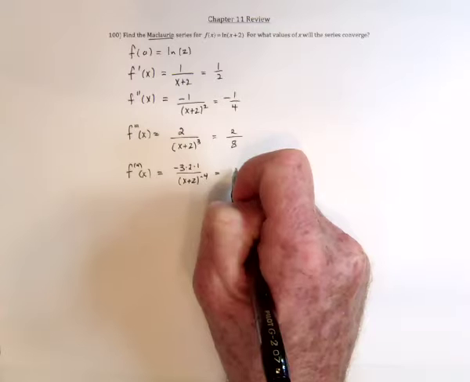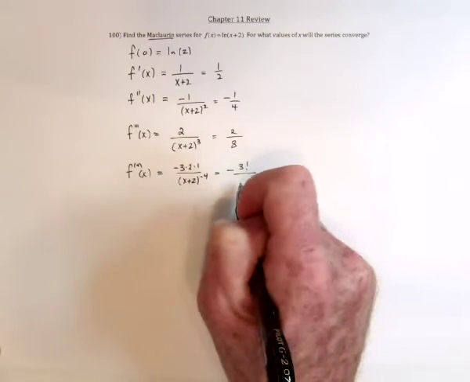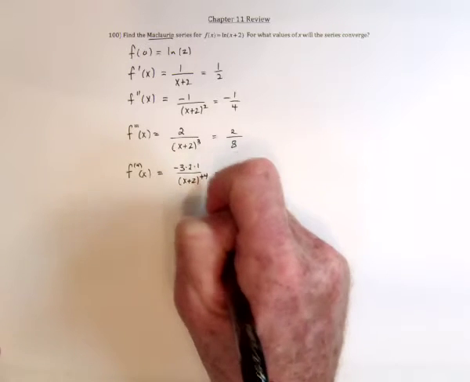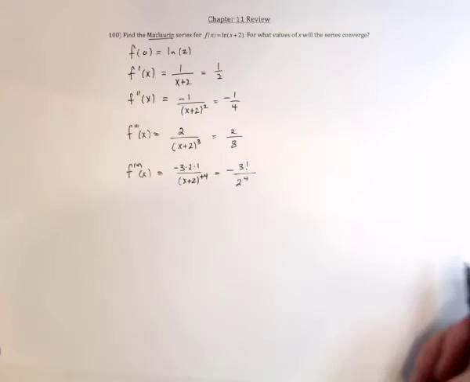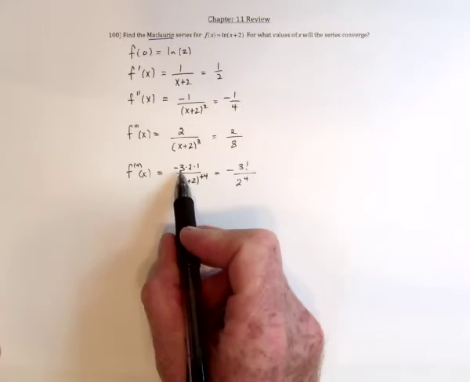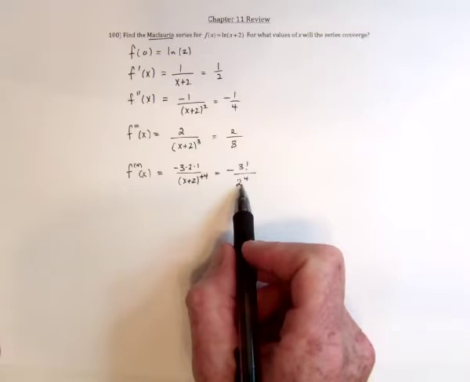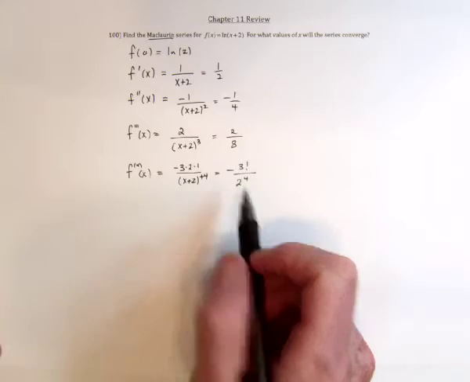So this is negative, and then it's 3 factorial over 2 to the 4th. So the next one, the 4 would go down in front, and you'd get 4 factorial, and then it's going to be 2 to the 5th.